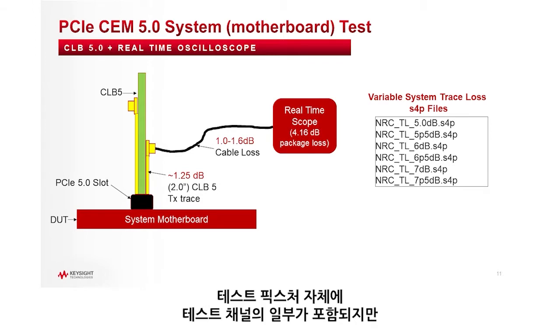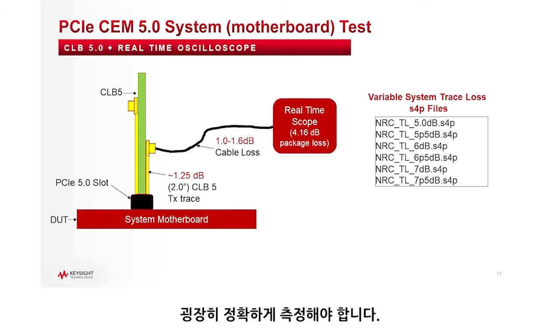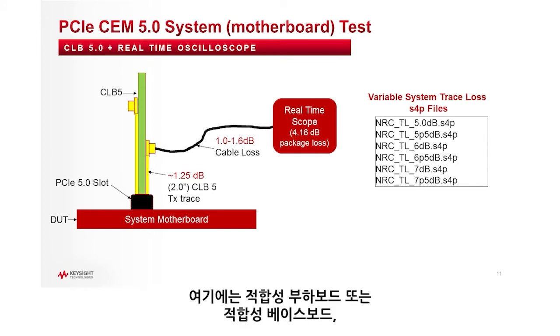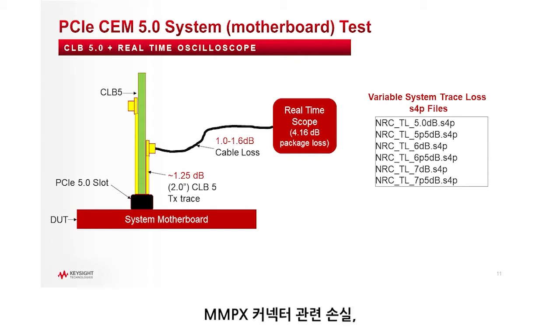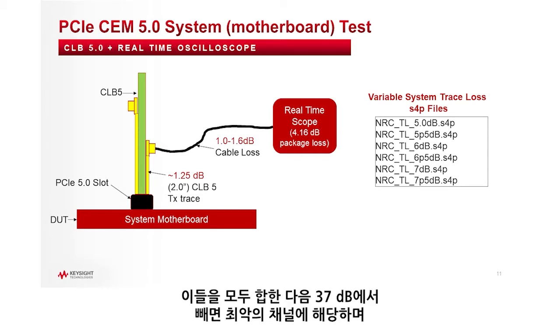Now, the test fixtures themselves comprehend some portion of the test channel, but it's not complete. So we need to make very precise measurements of all of the elements of the test fixturing. This includes the compliance load board or compliance base board, the loss associated with the MMPX connectors, any amount of cable loss, and the allowable package loss.